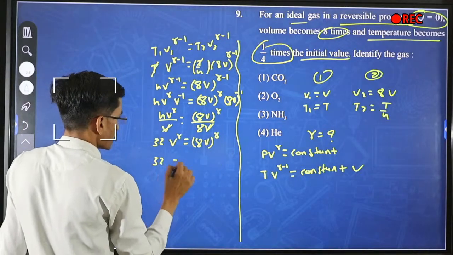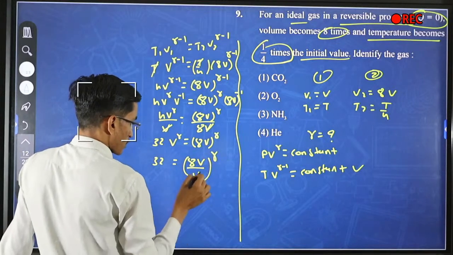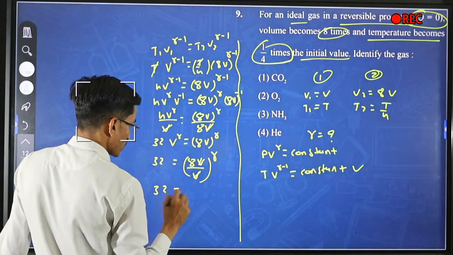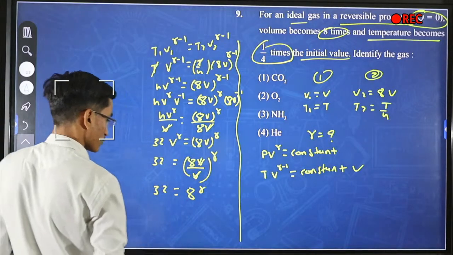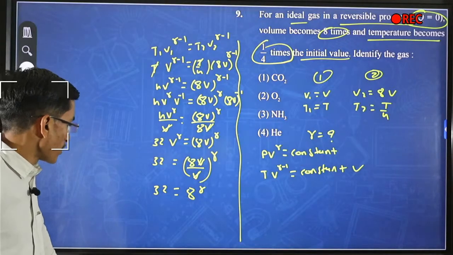So 32 is equal to 8 V by V whole power gamma. V we cut, so 32 is equal to 8 raised to gamma.